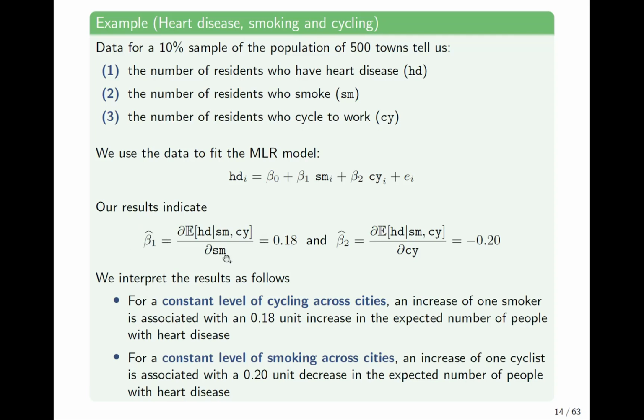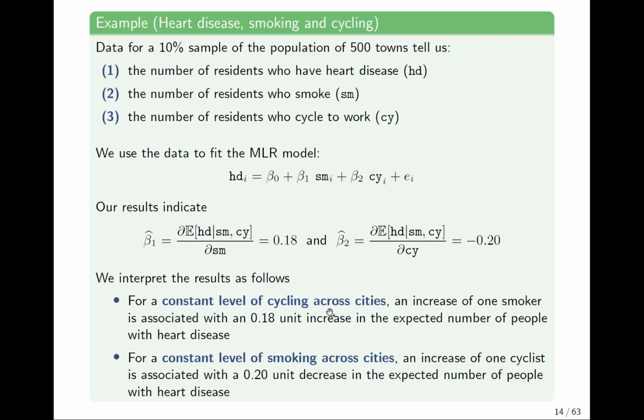That is, the marginal change in the expected response for a unit change in smoking is 0.18. And our estimate of beta 2 is minus 0.2. That is, the marginal change in expected heart disease given the covariates, for a unit change in cycling, is minus 0.2.